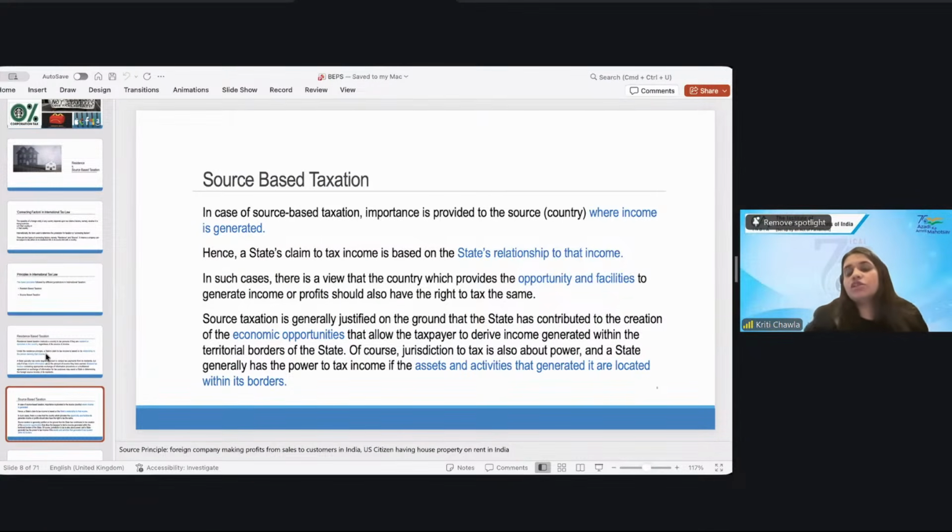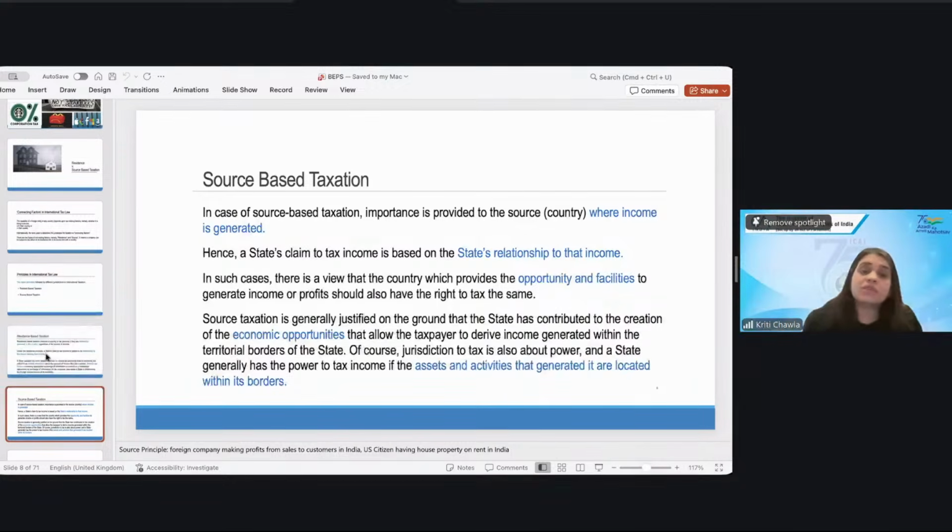Similarly, there could be a US citizen who has, let's say, a house property in India. This is from an individual perspective. So if a US citizen has given a house property in India on rent, and they're earning rentals in INR in India, this is where India will say, listen, you should be paying taxes in India on the rental income.